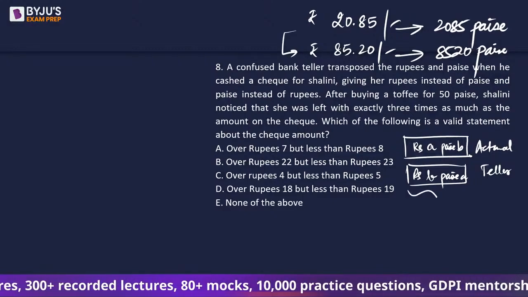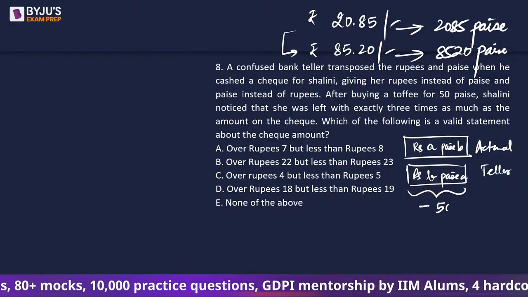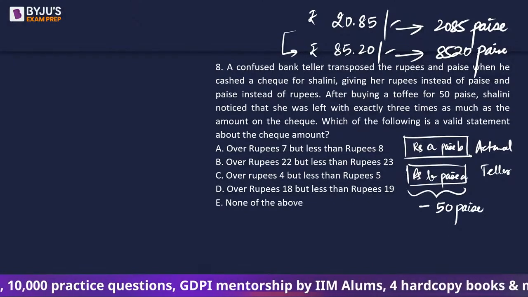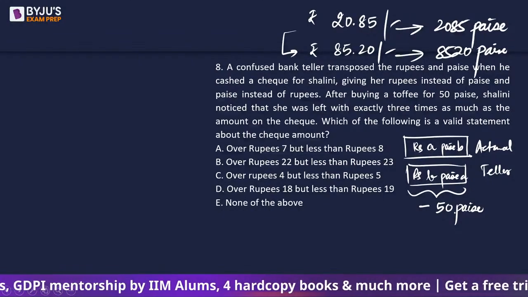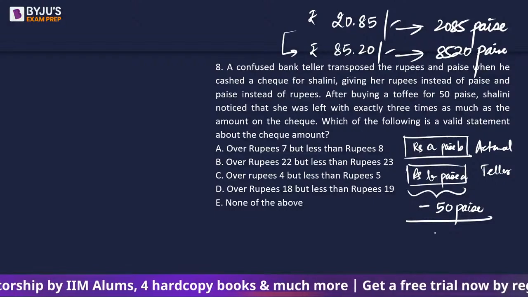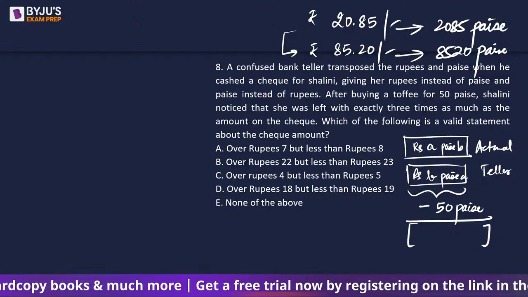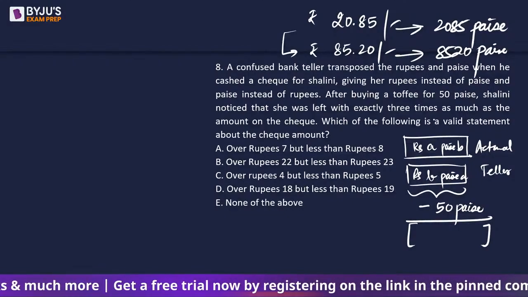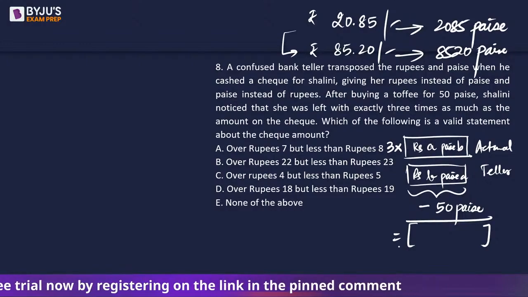Now she received this much amount. उसमें से when she gave away 50 पैसे का chocolate, as in she gave it to shopkeeper और 50 पैसे की जगह chocolate ले लिया, then the amount that she was left with was exactly 3 times as much as the amount on the check. इसका 3 times था ये.